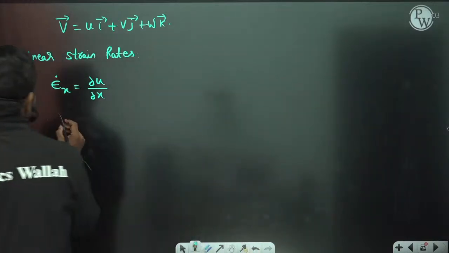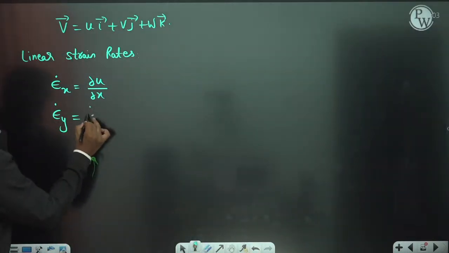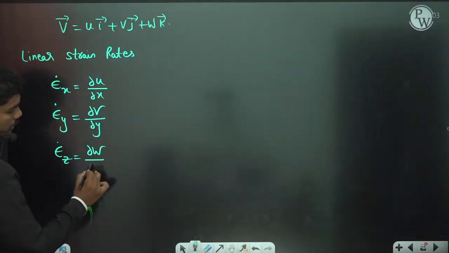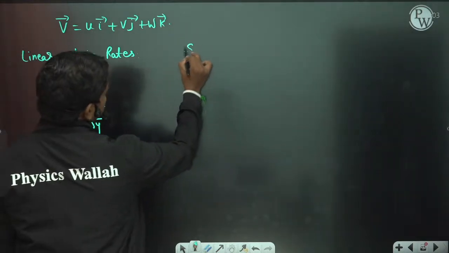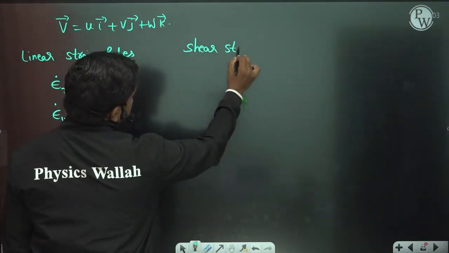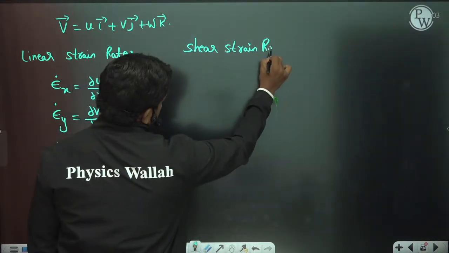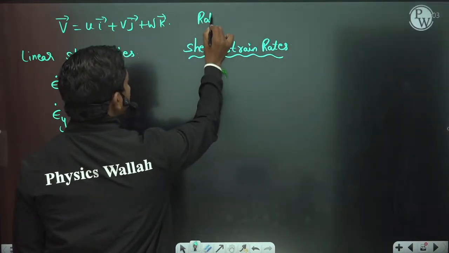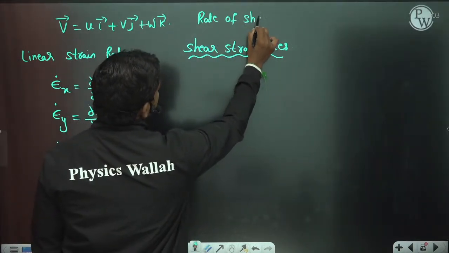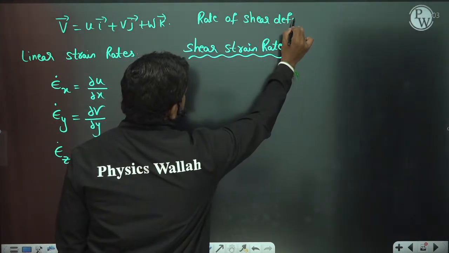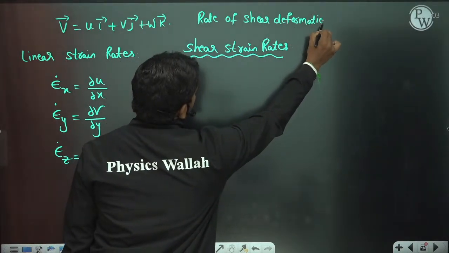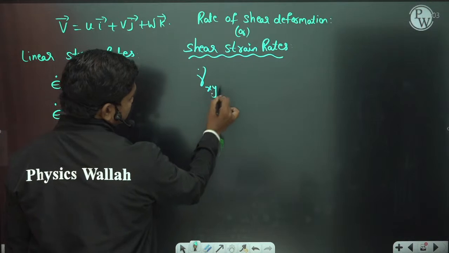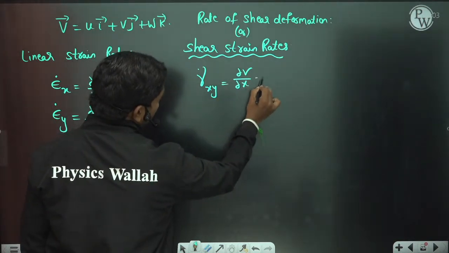So e of x is dou u by dou x, strain rate in y direction is dou v by dou y, and strain rate in z direction is dou w by dou z. These are the linear strain rates. Shear strain rates, sometimes also called rate of shear deformations: shear strain rate in the xy plane is given by dou v by dou x plus dou u by dou y.